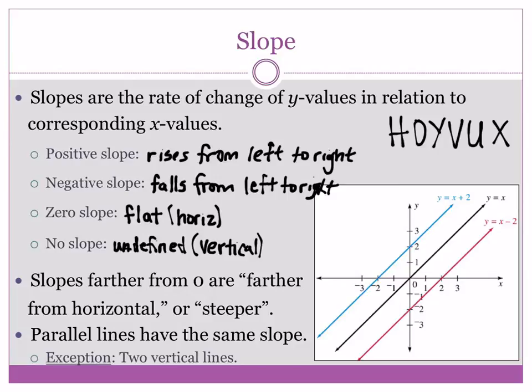O is actually the number 0. It's a number. Okay, so horizontal, 0. And then the Y is the equation y equals. This is 0. This is horizontal. Any guess what V might be? Vertical. What do you think U is?